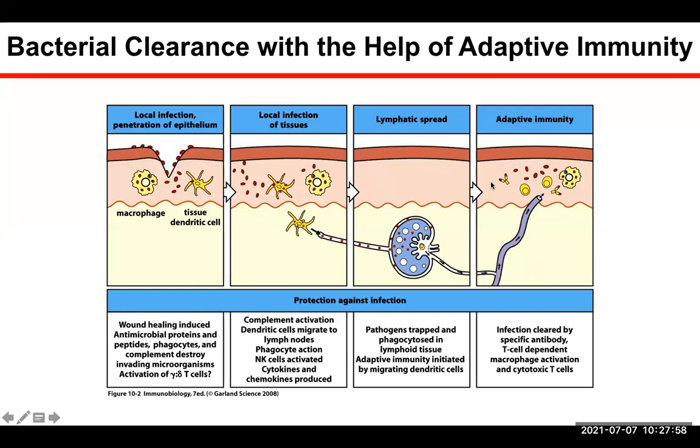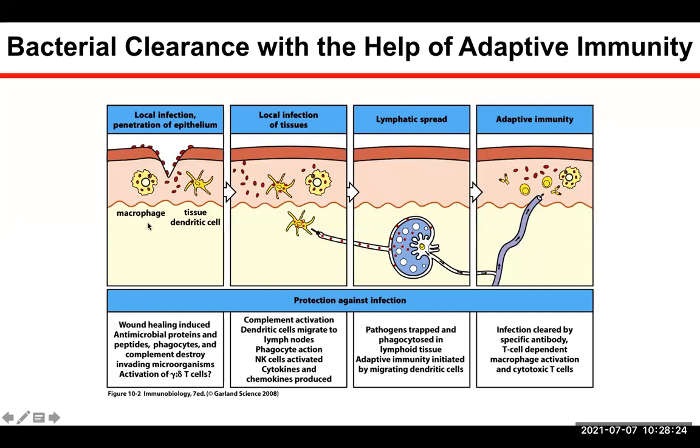So here we have an example of that Y-shaped antibody that is going to be able to bind to the bacteria. And then if any bacteria are intracellular, because you have two kinds, you have bacteria that infect cells intracellularly and some that just stay on the outside. So if these are actually inside the cell, then your T cells will come and basically kill those infected cells.